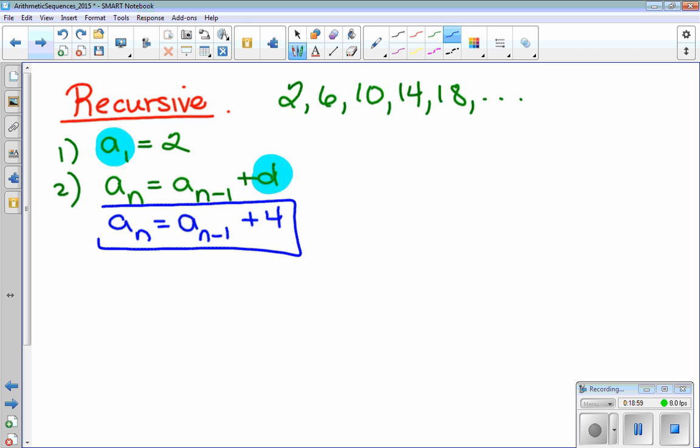Well, don't we know that? Doesn't A sub n minus 1 just mean previous term? So that just means previous term plus 4. I add 4 to each previous term. That's it. Yes. That just means previous term. 2 is up here. It is.